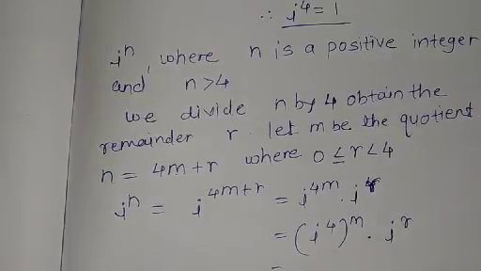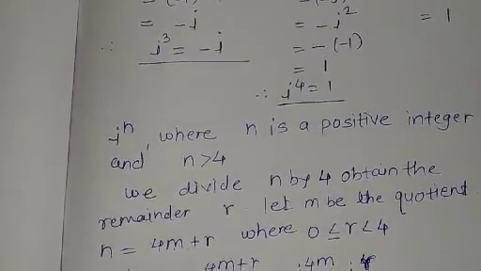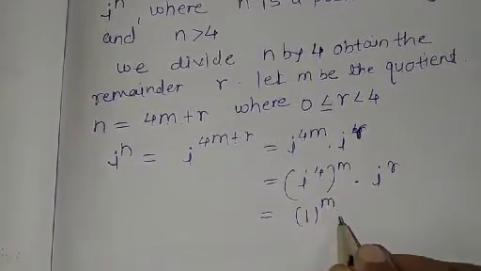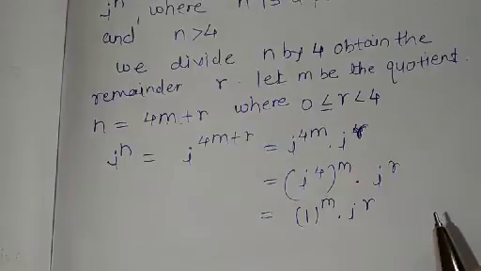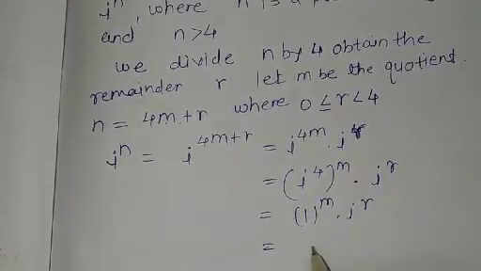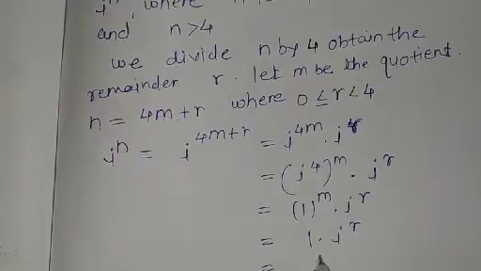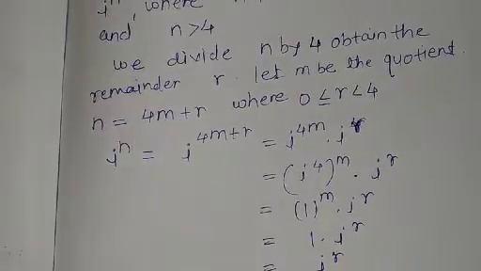And from the earlier result, iota raised to 4 is nothing but 1. So 1 raised to m into iota raised to r is equal to 1 into iota raised to r, which is equal to iota raised to r.